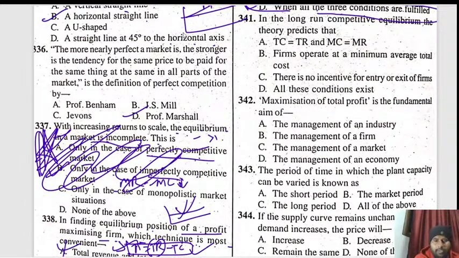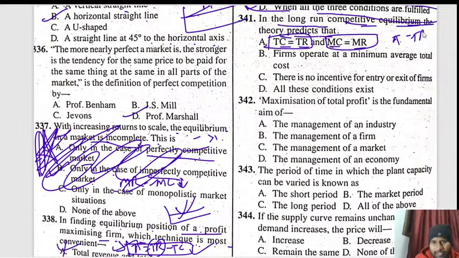Question number 341. In the long run competitive equilibrium, the theory predicts that TR is equal to TC and MR is equal to MC. MR is equal to MC. TR is not equal to TC.